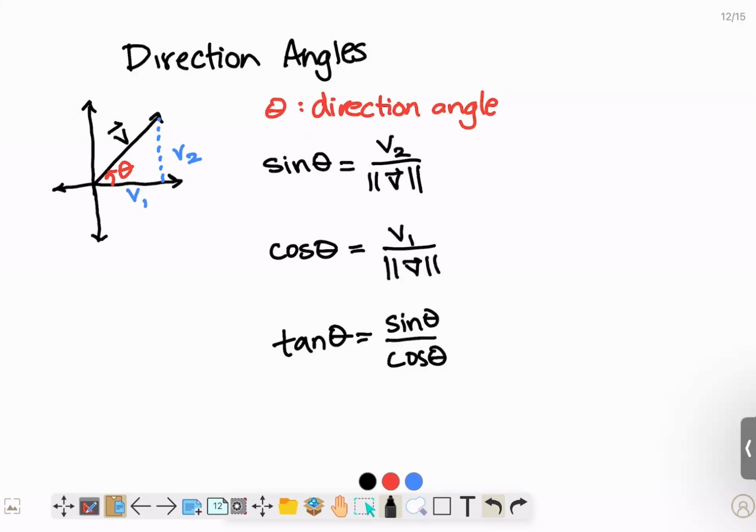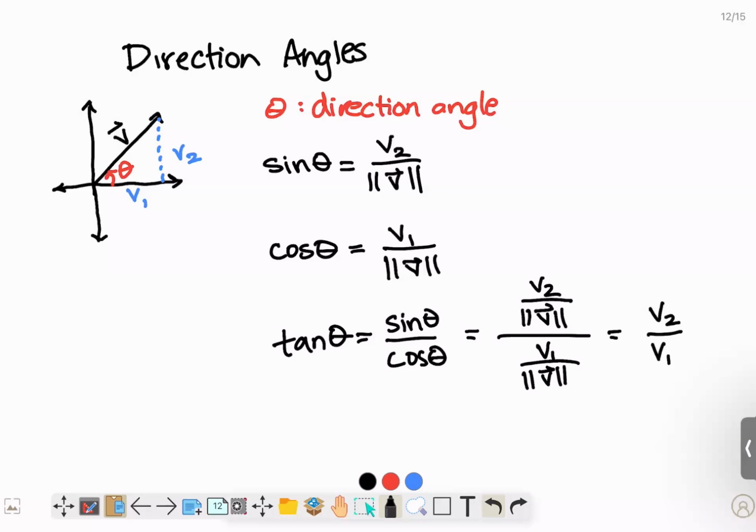Okay, so the tangent of this angle, we know, is sine over cosine. If we were to divide these two expressions that we have for sine and cosine, we've done this many times, keep change flip, our magnitudes would cancel. We would just be left with v2 over v1.